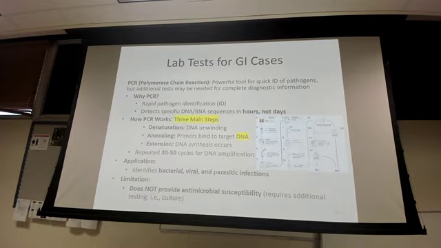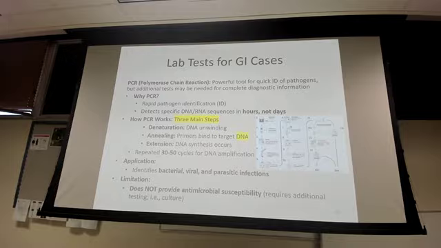All right, so what is a PCR and why do we run PCRs? PCR stands for polymerase chain reaction. This quickly IDs pathogens in the stools, right? This is what we see in our microbiology labs. A lot of the PCRs can be run within an hour or in a couple of hours. Basically, we take that sample and place it on the machine, and it starts unwinding the DNA sequences.